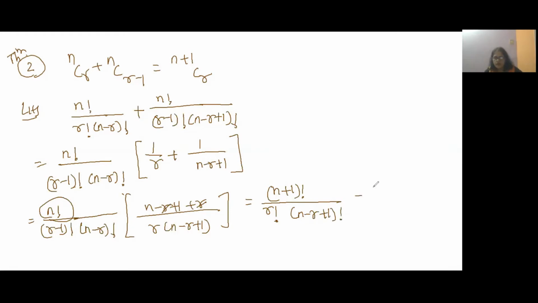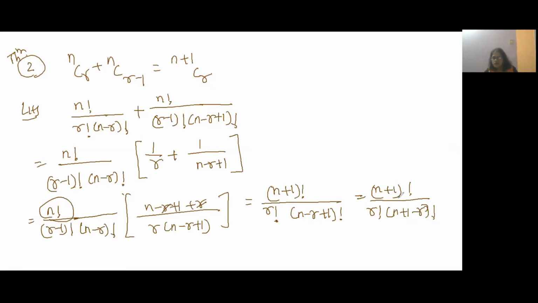Just one more step. (n plus 1) factorial divided by r factorial, (n plus 1 minus r) factorial. Can we write like this? N minus r plus 1 can be written as n plus 1 minus r.